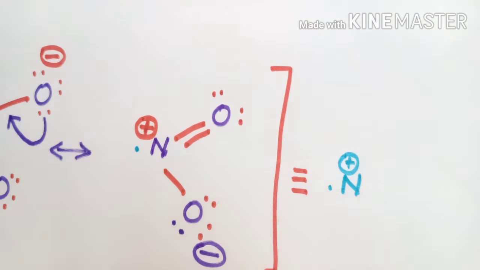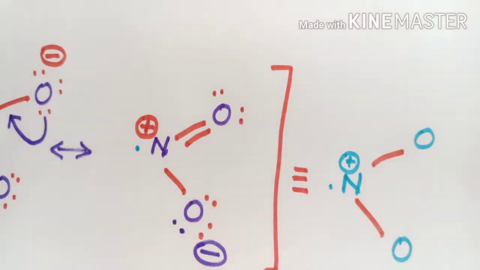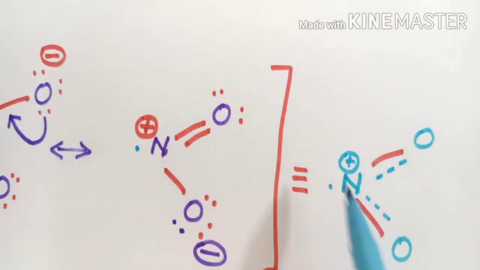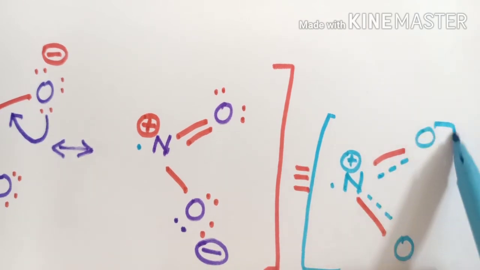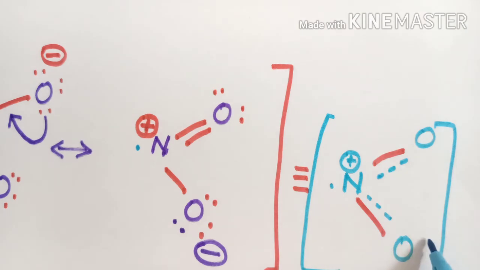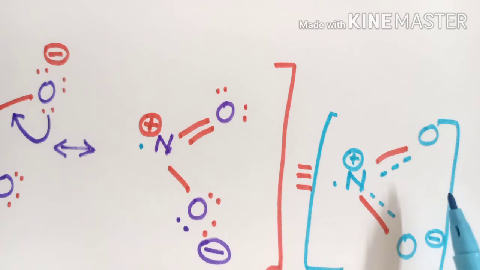We have oxygen separated now, and we have a bond here that is with partial double bond character. So if we are drawing positive here, then we shall draw negative on one side or the other side, or else you just write it as N double bond O, single bond O.